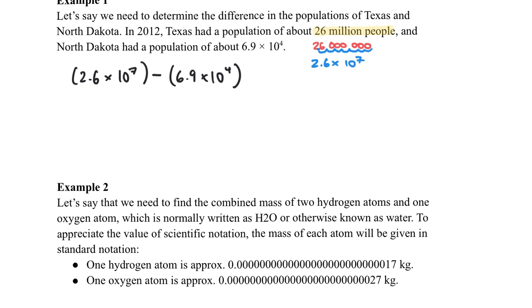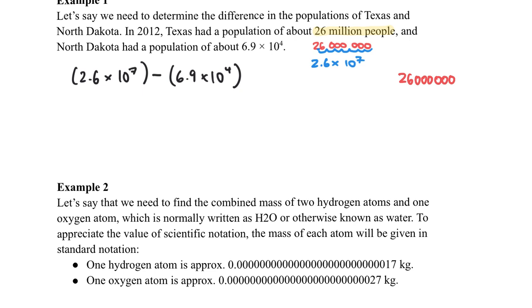Now, in order to do that, we need to have the exponents be the same. And the reason why is because of place value. It's not 2.6 minus 6.9. These are two completely different numbers with different place values. We already learned that 2.6 times 10 to the 7th is 26 million.